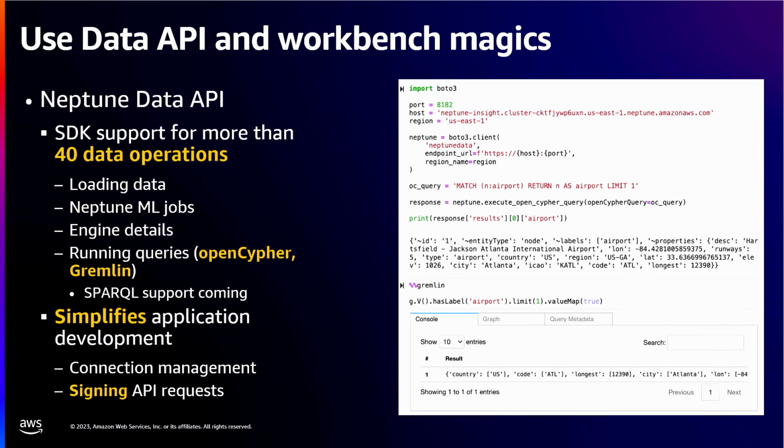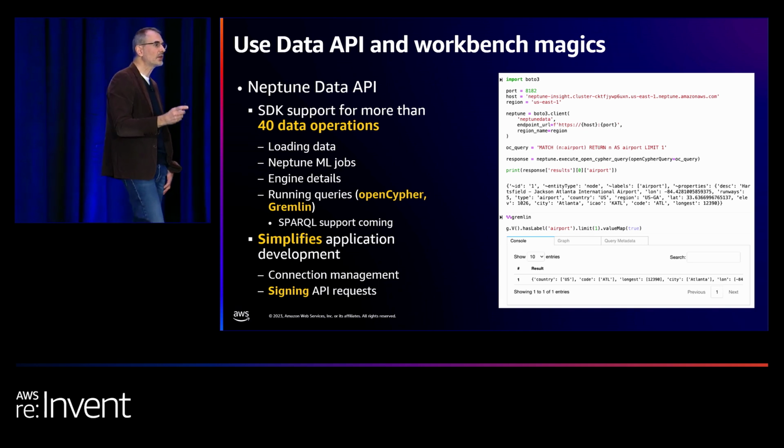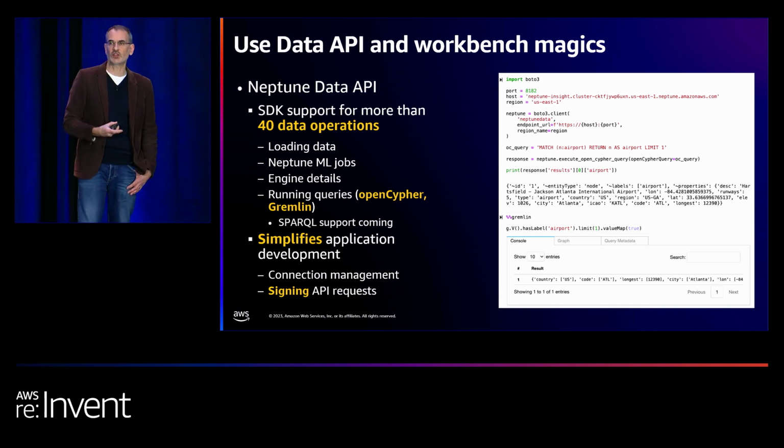And then the last part of the puzzle was added in just the last few weeks. So this is the ability to write application code that queries or interacts with Neptune. The AWS SDK for Python, Boto3, now includes the Neptune Data API, a new data SDK that we released just a few weeks ago that includes over 40 different data operations.